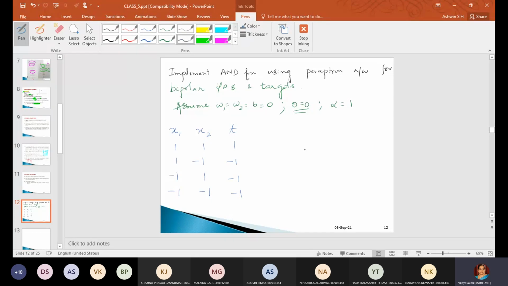So how will our neural network model be? These are our inputs x1 and x2, and this is our output y. This is x1, this is x2, and this is the bias value.